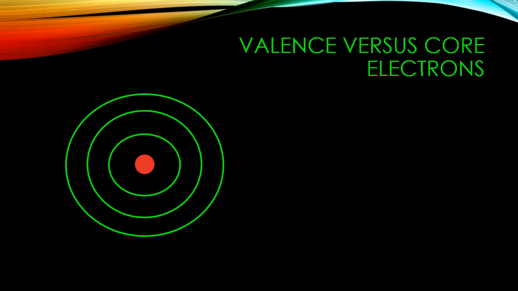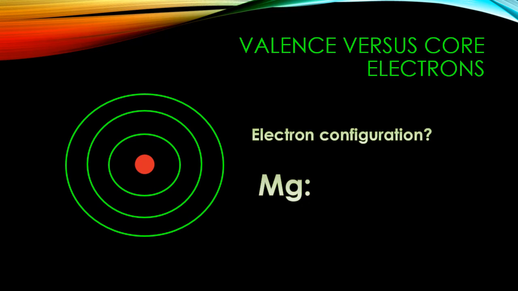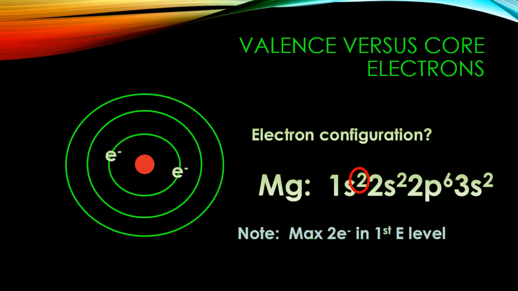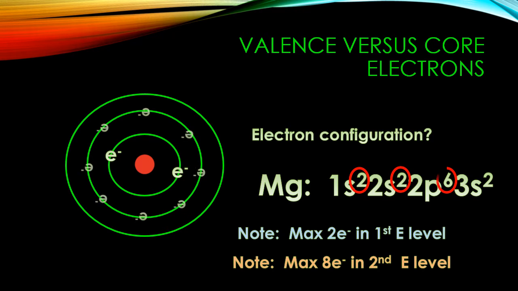Let's try another one. Write the electron configuration for magnesium. Well, let's take a look at these electrons. We've got 2 in the first energy level. We have 8 in the second energy level.